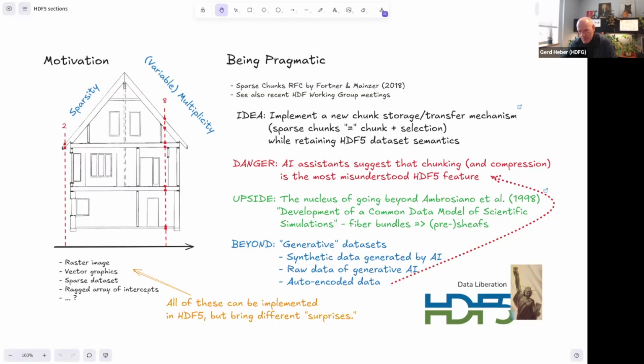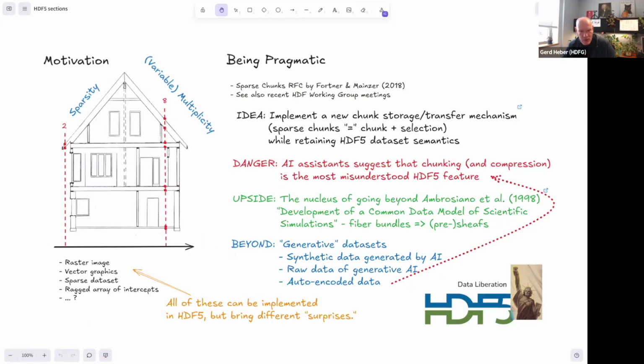Okay, so this is something that came up many times, and my cartoon here, I'm sure everybody has their own favorite example of dealing with sparse data.